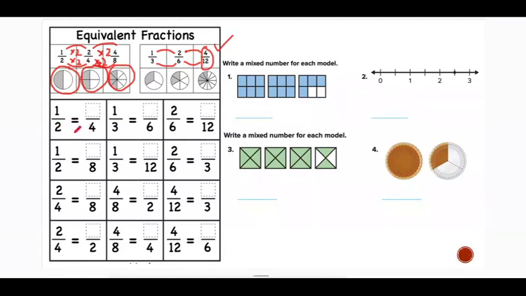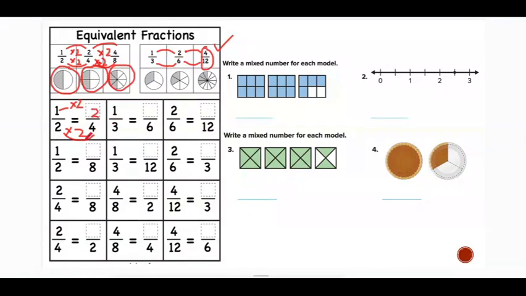Now how can we find an equivalent fraction over here? Look at here, 1 by 2 is equal to something by 4, and 4 is given in the denominator. The relationship between 2 and 4: 2 times 2 is 4. So we can multiply the numerator by 2 as well. 1 times 2 is 2.